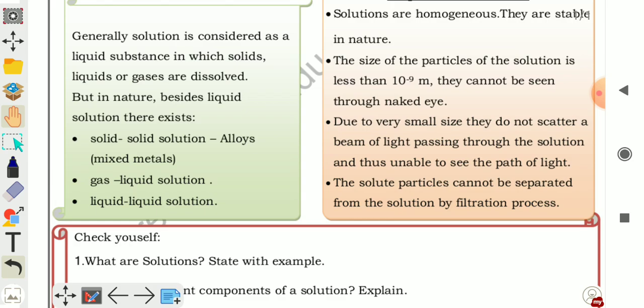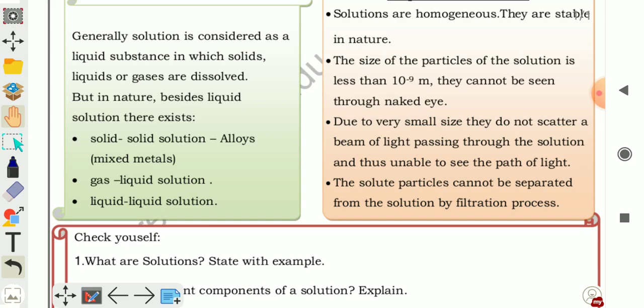Gas-liquid solution also exists in nature, and liquid solution is one in which we dissolve a liquid in some other liquid.